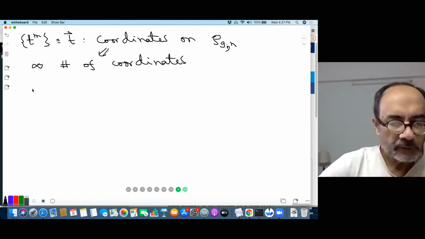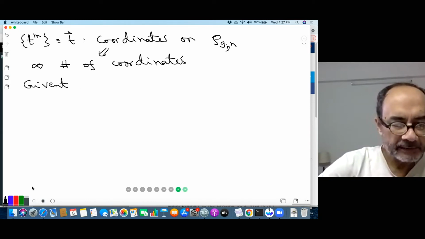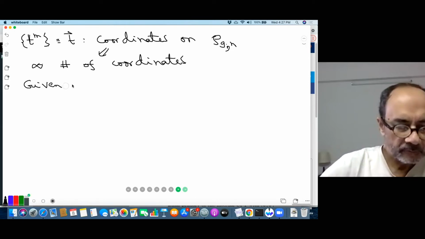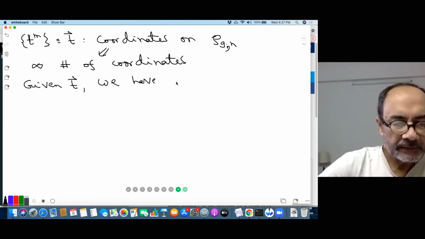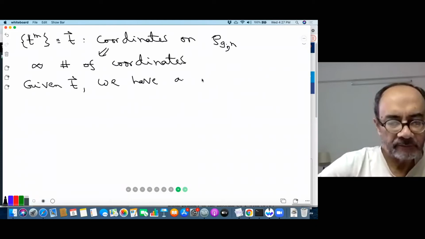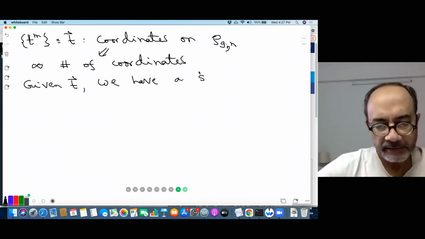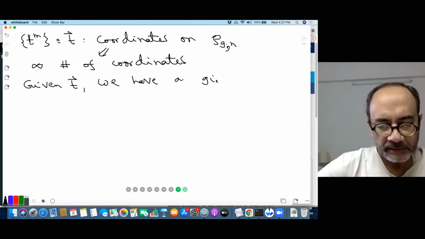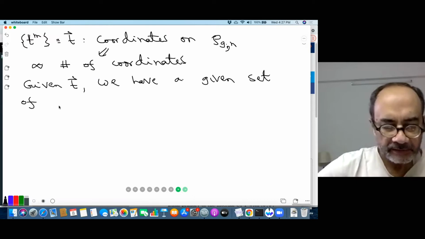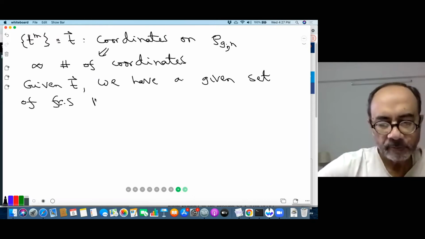So this means that given the point t, we are given a set of functions F_s.